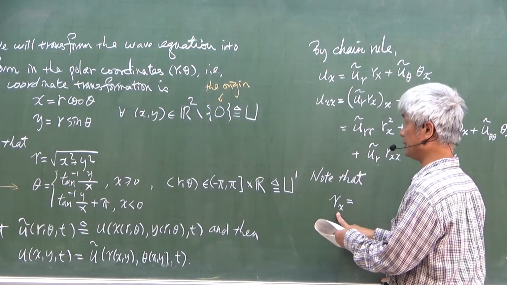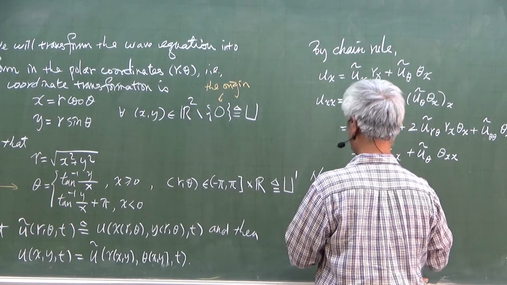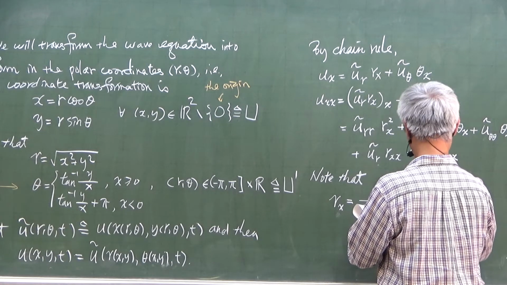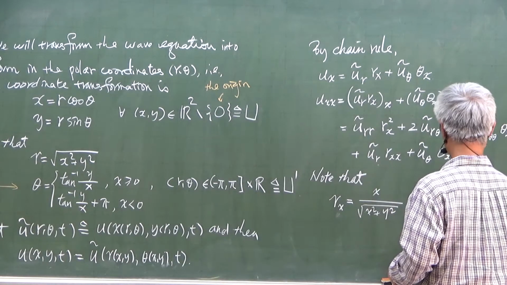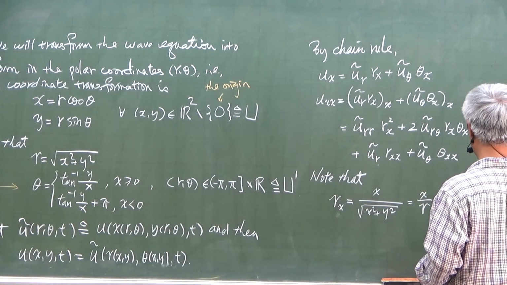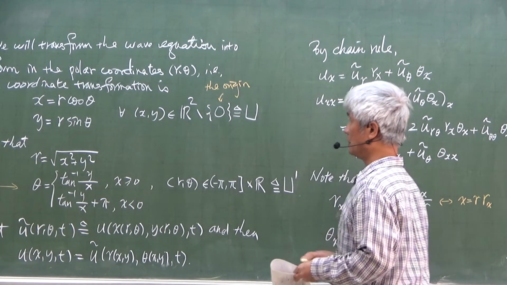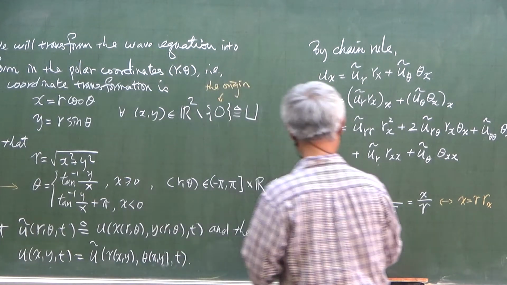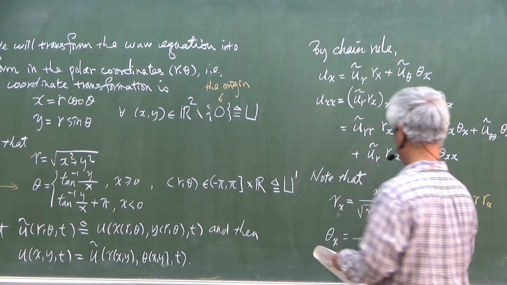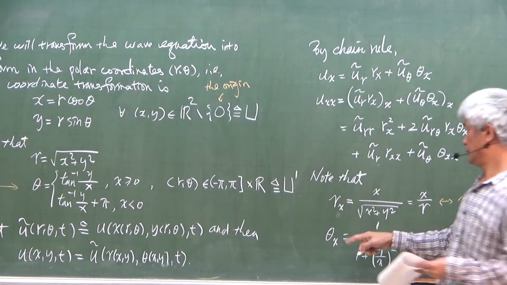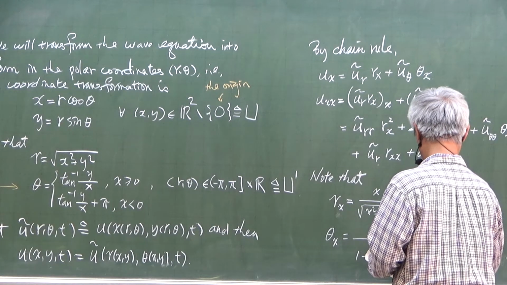When we take the partial derivatives, we find this is x divided by the square root of x squared plus y squared, so this is x over r, corresponding to r_x. And for theta, because theta is arctangent of y over x, we have 1 over 1 plus (y/x) squared. This is the derivative of arctangent, and relative to this one, it is minus y over x squared.